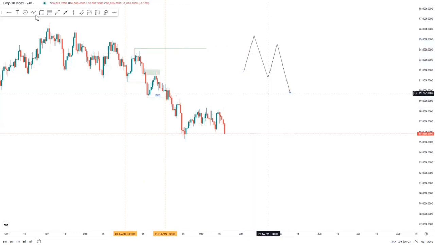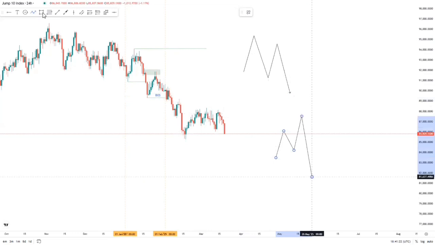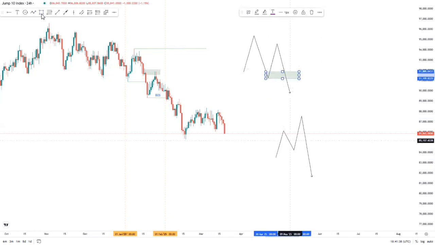So this is a mitigation block. And this one here is a breaker block. A breaker block is like this. Like here. So here, what do we call the breaker or the mitigation block? It's a mitigation block here. And this is a breaker block.